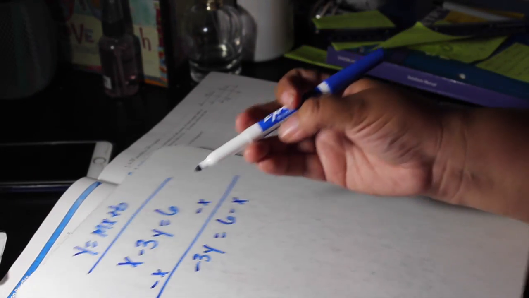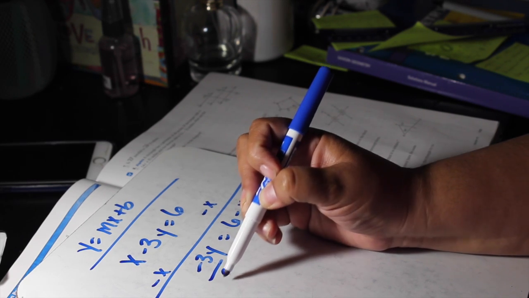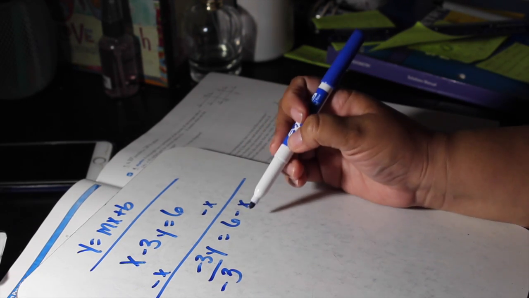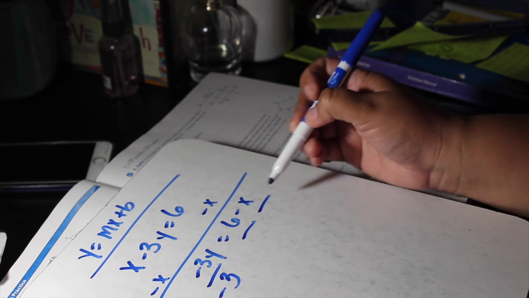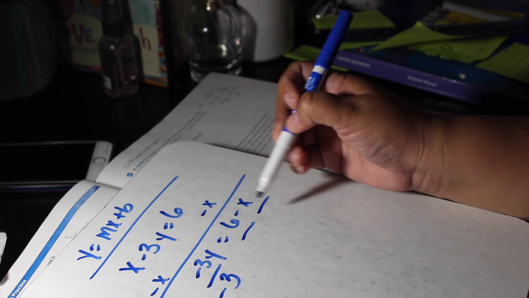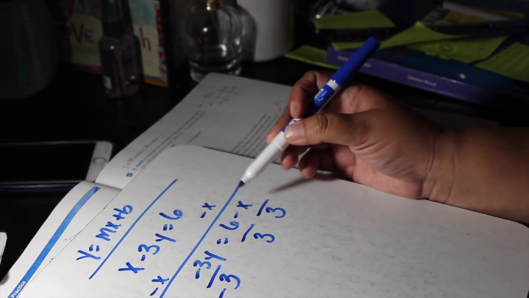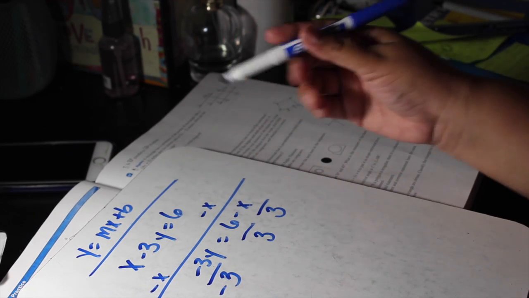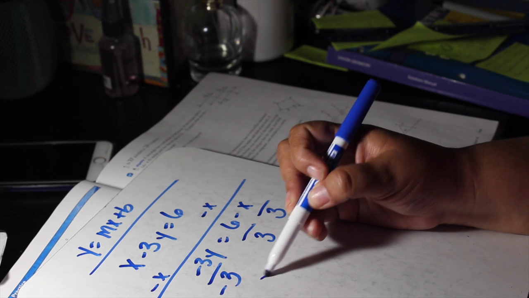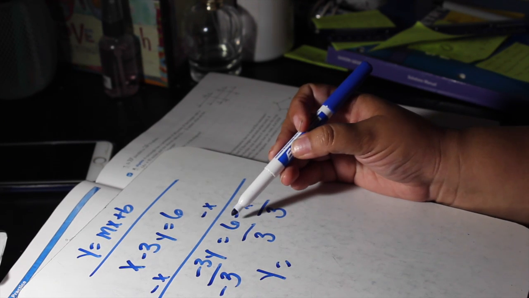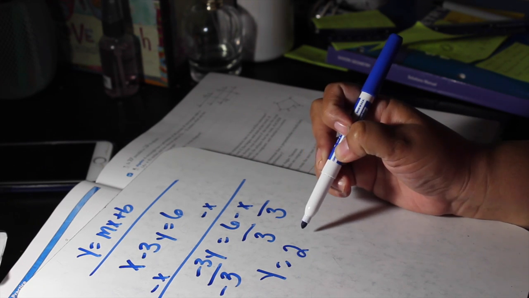Now we have to get rid of the 3 on this side, so we're going to divide by 3, and we have to do it on all of it, so I'm going to do it on both sides. We're going to isolate the y over here. So 6 over 3 is 2.